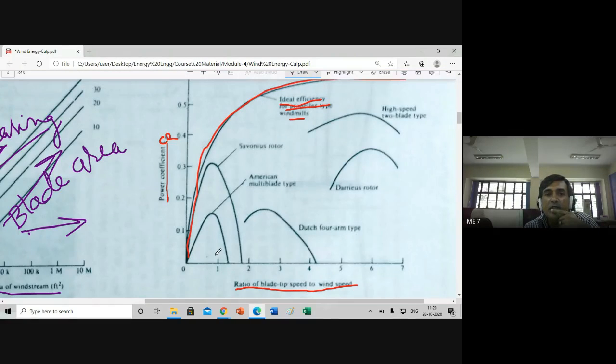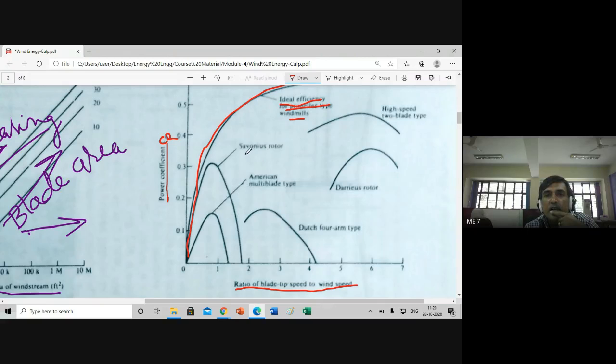All are increasing only. Now let us take Savonius rotor. It increases and reaches a peak and then decreases. So the ratio is less than 2.